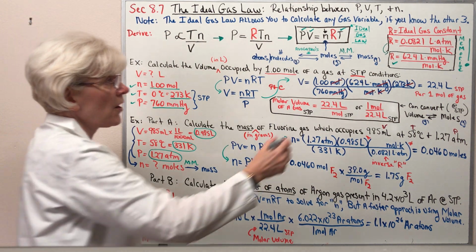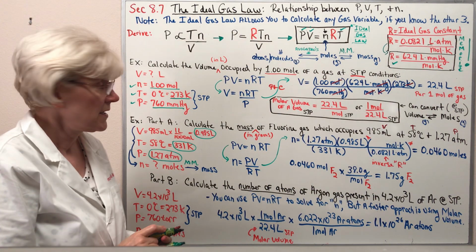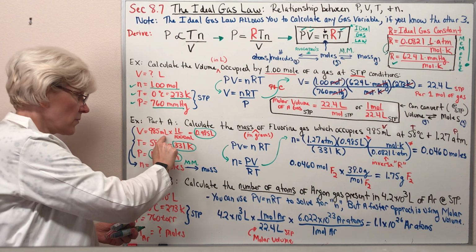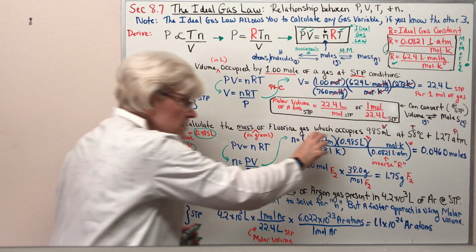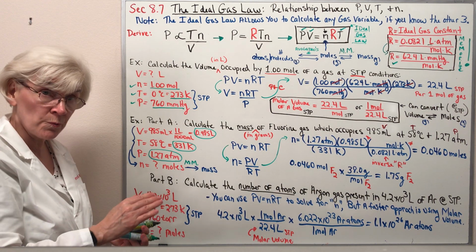But the R unit has volume in liters. I'm remembering that. I don't want to carelessly plug a milliliter volume into an ideal gas law setup. The units won't work out.